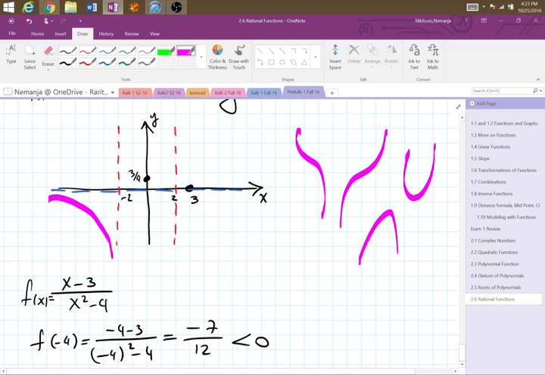Each one of these three will pass through, but you don't have any x-intercepts. It's not allowed, right? The only one that will not pass through the x-axis when you draw in this region in the middle is the U shape. So that's the correct one.